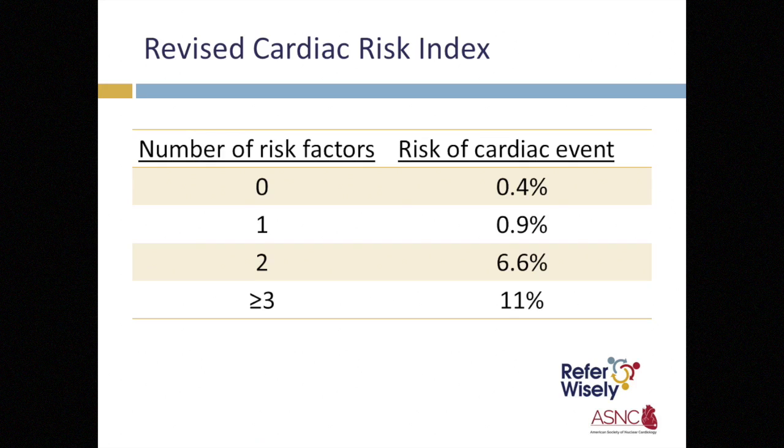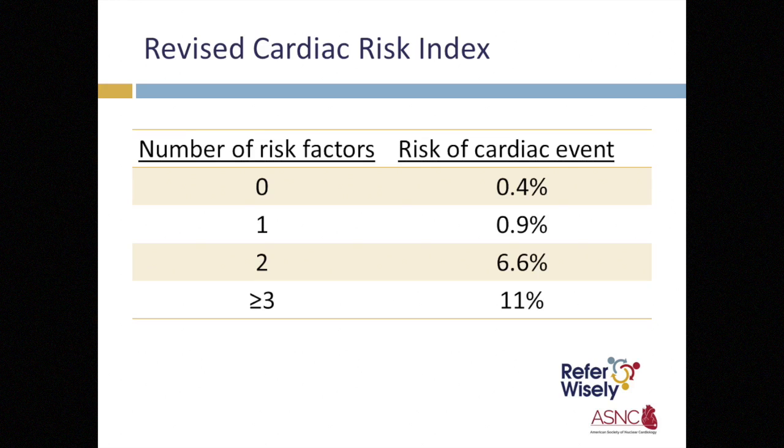I also use the revised cardiac risk index score, and Dr. Russell really went over nicely the points of that. But just to reiterate, a score of 0 to 1 indicates a lower risk. With a score of risk factors greater than 2, the risk of a cardiac event is increased to 6.6%, and of course if you see 3 or more risks, then that almost nearly doubles.